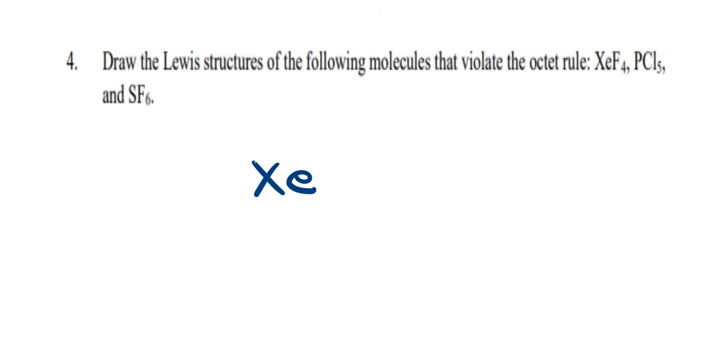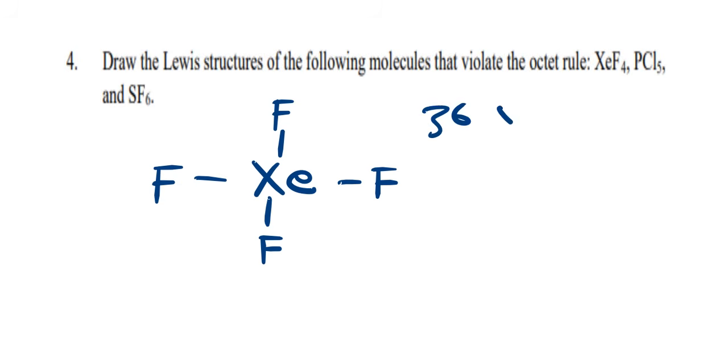It's connected to 4 fluorine atoms. So this will be fluorine, fluorine, fluorine, and fluorine. The whole molecule in terms of valence electrons, fluorine has 7, so this is going to be 36 valence electrons. Of the 36, how are you going to do that?